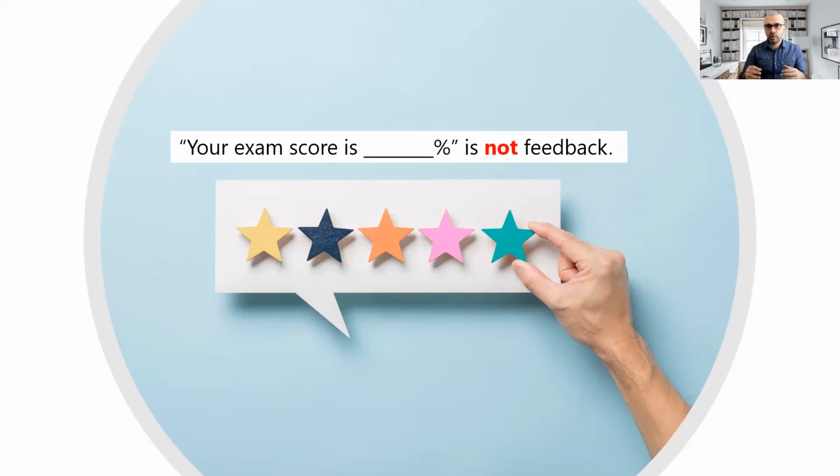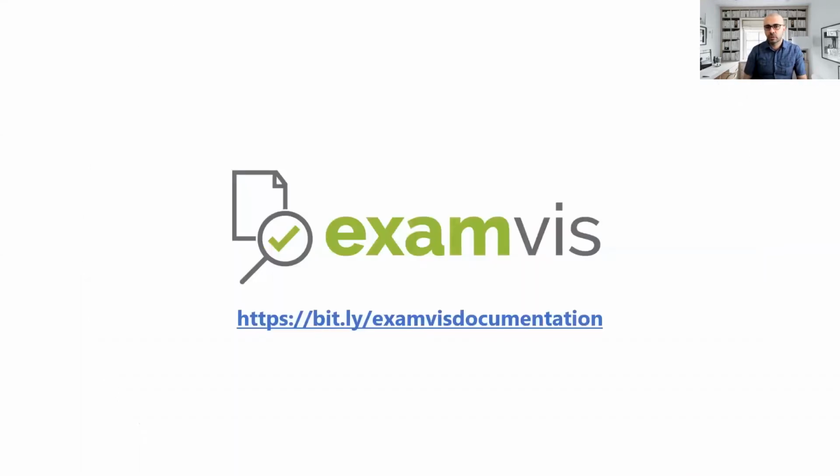Knowing their overall score is a type of feedback, maybe, but it doesn't tell them how they performed on the exam, in which areas they did better, in which areas they did not do well, and in which topics or content areas they need to study further to improve their understanding and score better in upcoming exams. So that's a tricky situation, but fortunately we have a good solution to this problem.